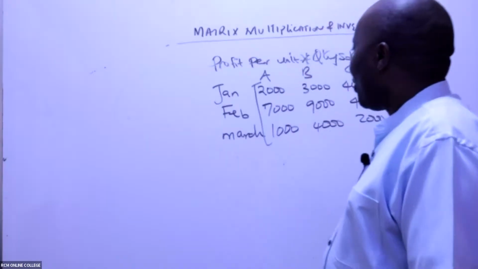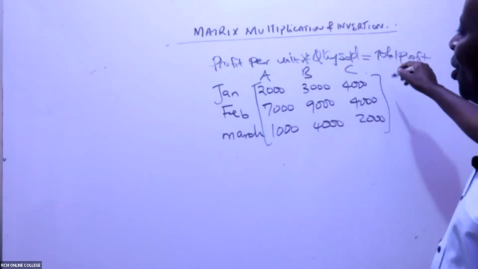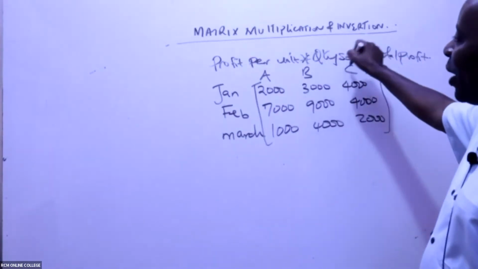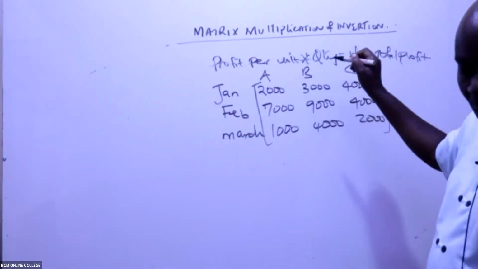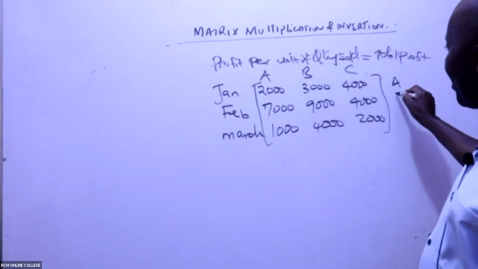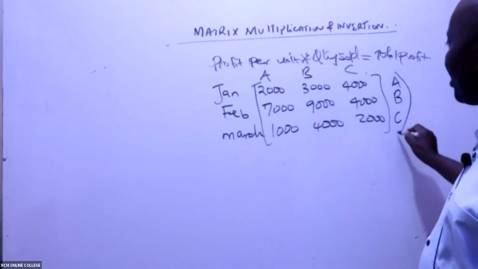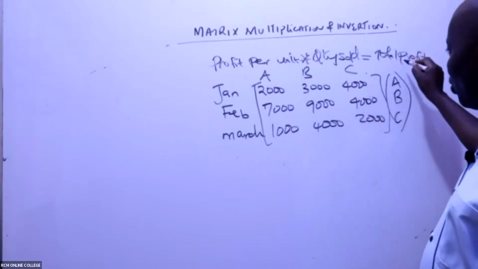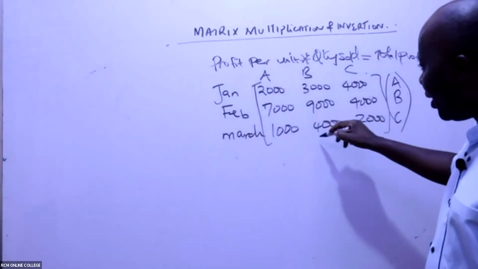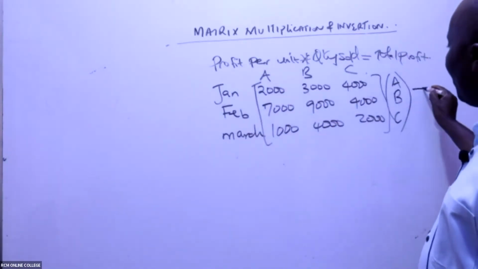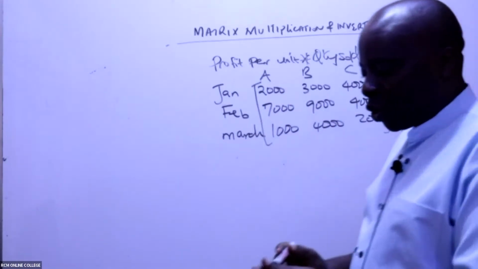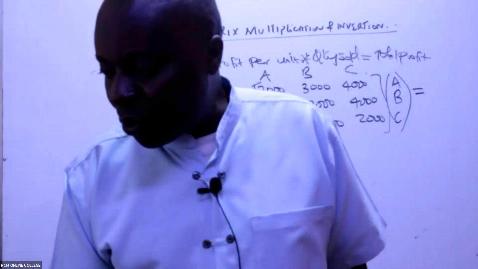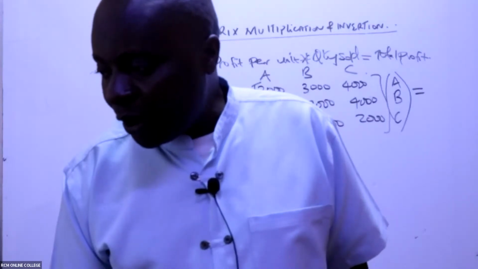You see, quantity sold is unknown. This is what the examiner wants me to tackle. So we shall let the quantity sold be A, B, and C respectively. Profit per unit times quantity sold should give me the total profit. Have they given me the total profits for each of these months? Oh yes, they have.